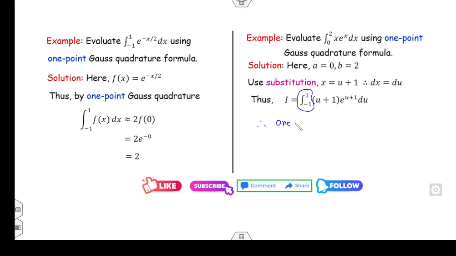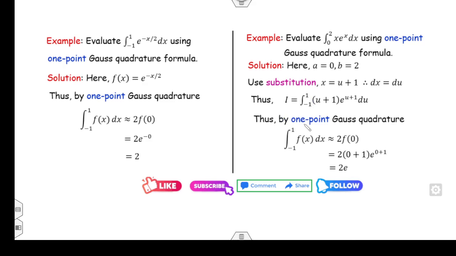Therefore, by using the 1-point Gauss quadrature rule, I can start with twice f of 0. In this case, f is this expression. Always remember, in the Gauss quadrature formula, f is the part within the -1 to 1 limits. If I substitute 0, it's (0 plus 1) e raised to power (0 plus 1), so the answer is 2 into e.